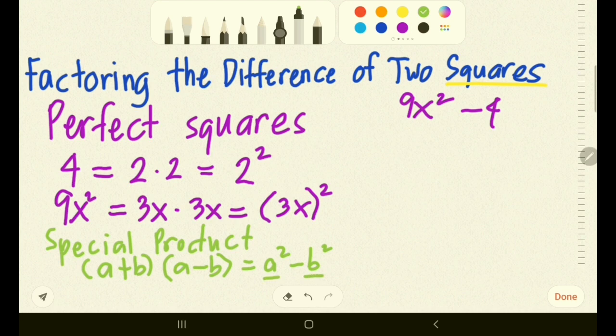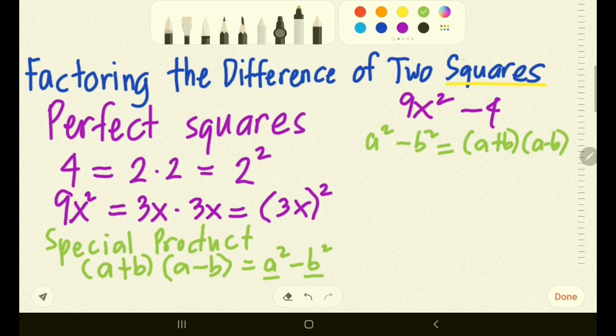So if we're going to reverse it, you have your a squared minus b squared, meaning the factors for this binomial are a plus b and a minus b. So we're going to use this technique. How? You're just going to get the square root of a squared.